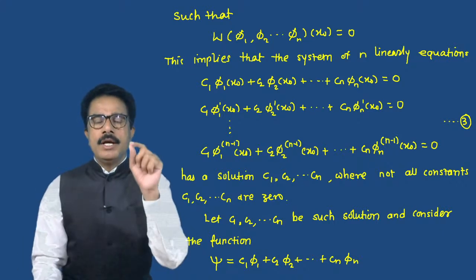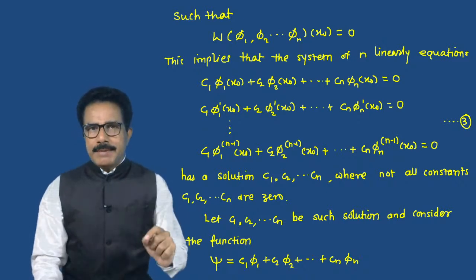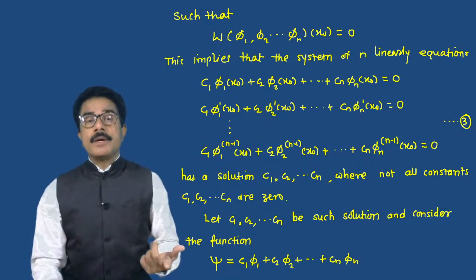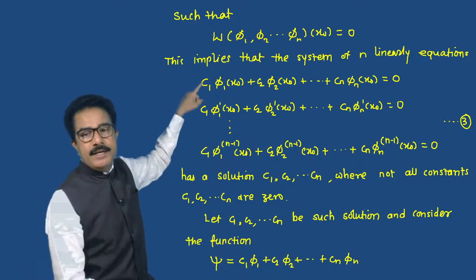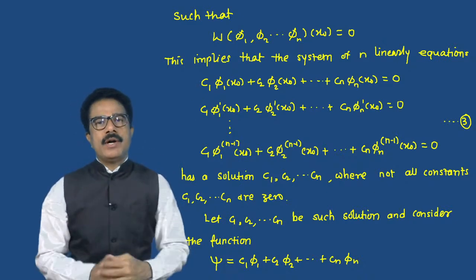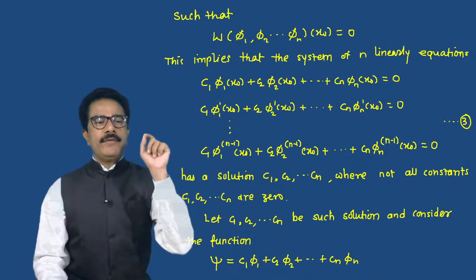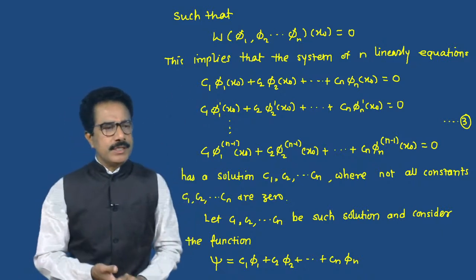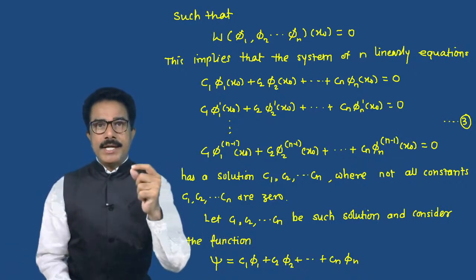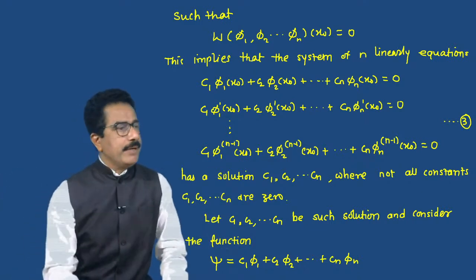Actually we have to prove the Wronskian is not equal to 0, but this can be proved by the method of contradiction. So we suppose the contradiction that the Wronskian of phi 1, phi 2, dot dot dot, phi n at x naught is equal to 0. Now this implies that the system of n linearly independent solutions, again for the point x naught in interval I, is also having a solution.